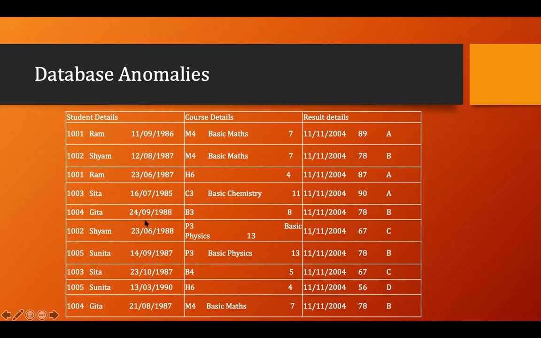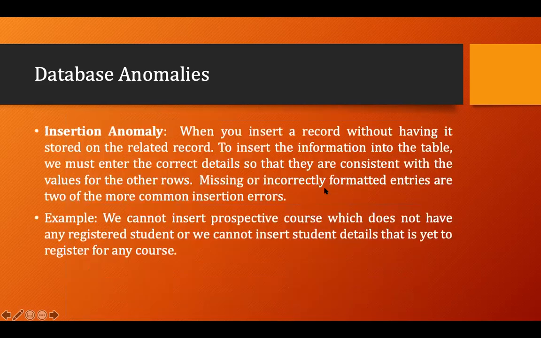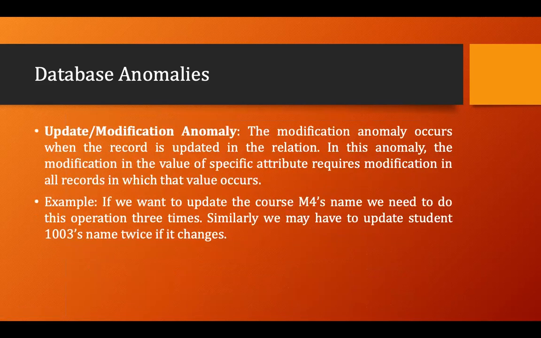But when this becomes one table, we have only one instance of that particular course, and only one instance of that particular student. Getting it? So I have to update only one. I don't have to update in different places. That is the problem we face with this type of big and complex table. That is called updation anomalies. It means if we want to update it, we have to find all the similar records and then update them.